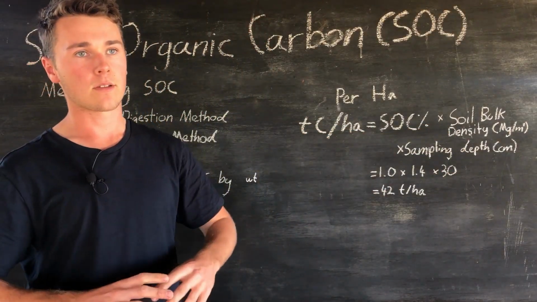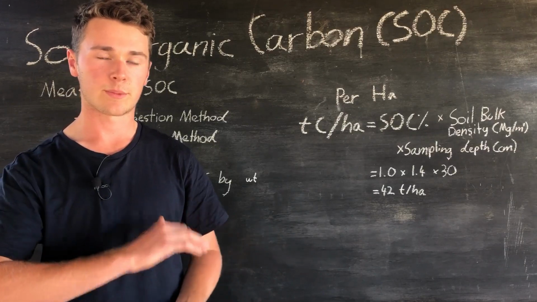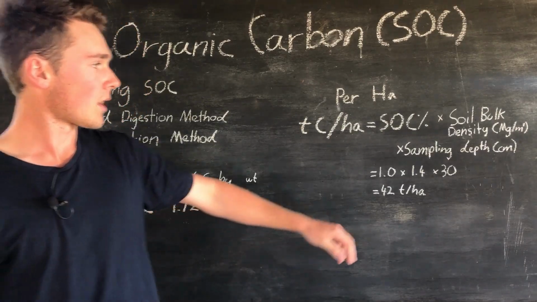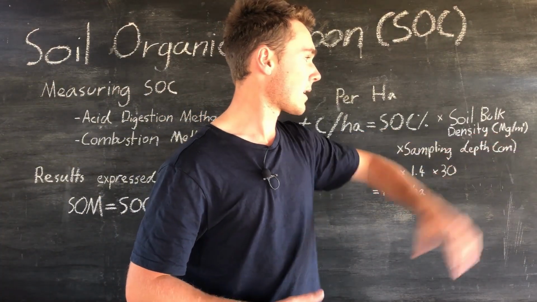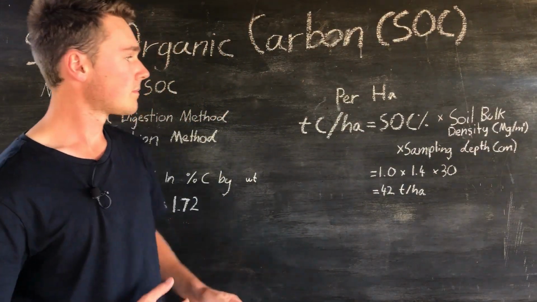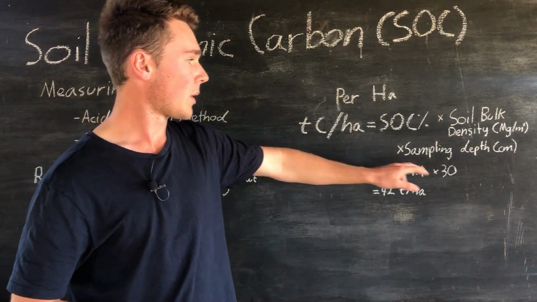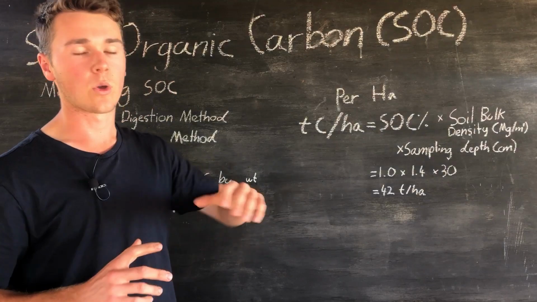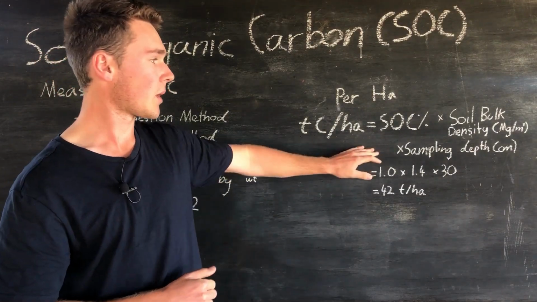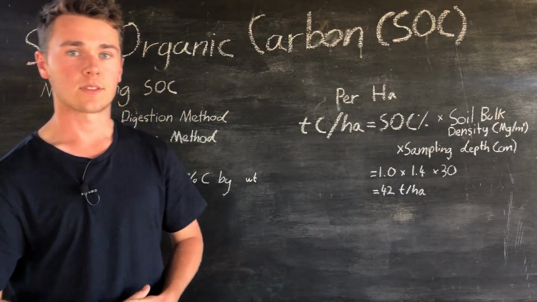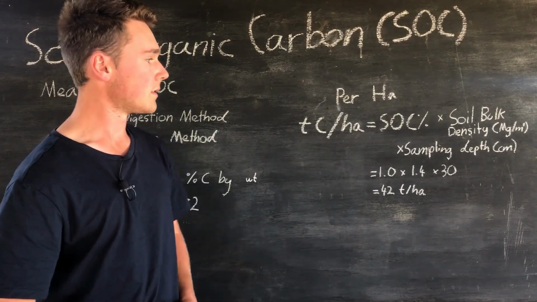So that is the amount of soil inside a specific area, and you want that in megagrams per meter cubed. And then you're going to times that by your sampling depth. Some soils are deeper than others, so you times it by your sampling depth, and that will take into consideration how deep your soil is.